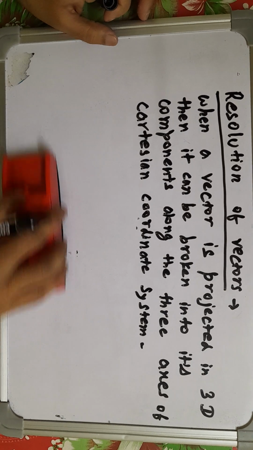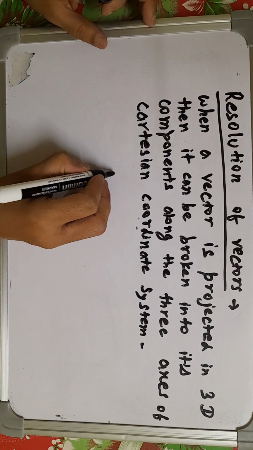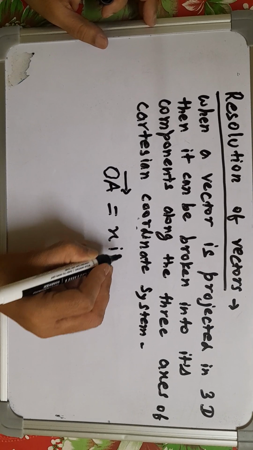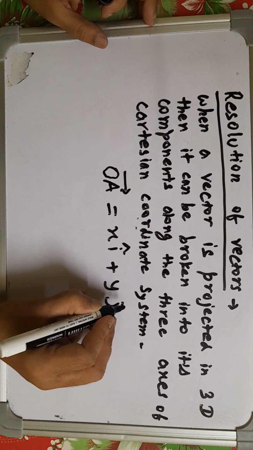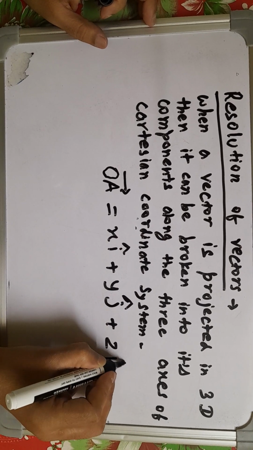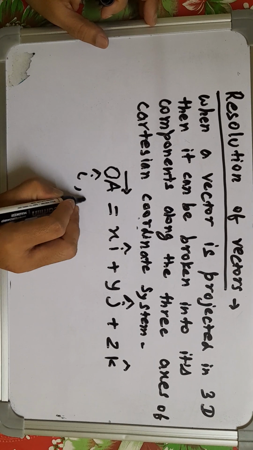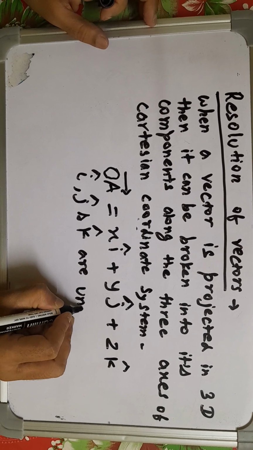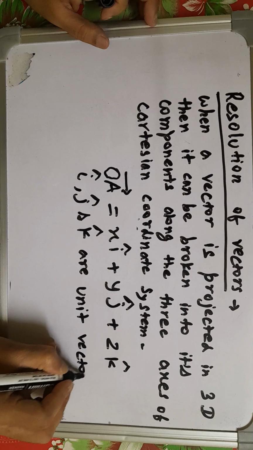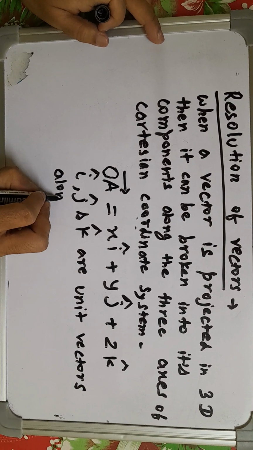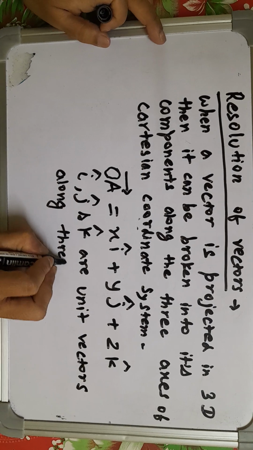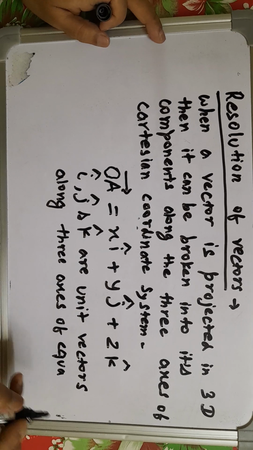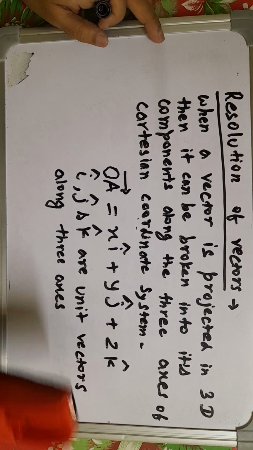So OA vector will be x i cap, y j cap, z k cap, where i cap, j cap and k cap are unit vectors along the three axes.